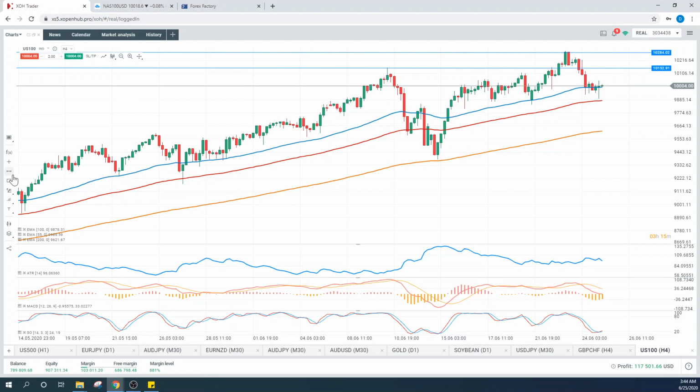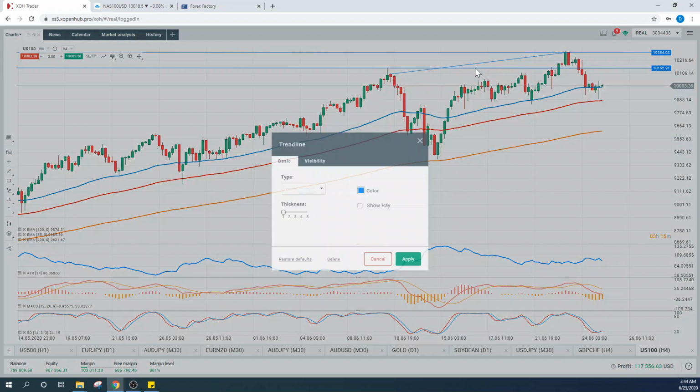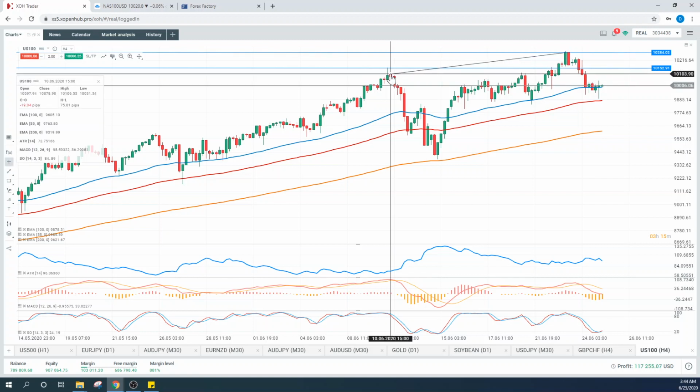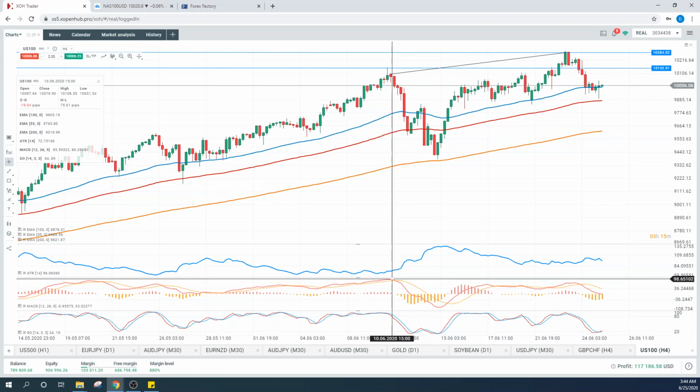Actually, we can select the trend line now. If you take a trend line and connect the higher highs over there, we can add a different color, for example black. What we can see is this point is lower and this level is higher, and we need to find these levels on the MACD.